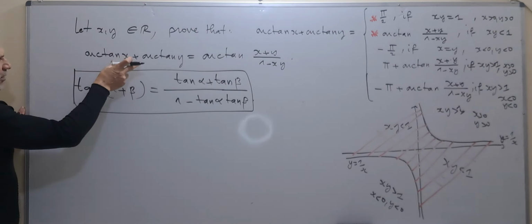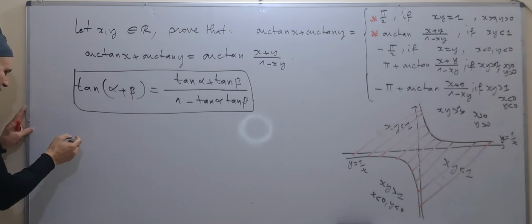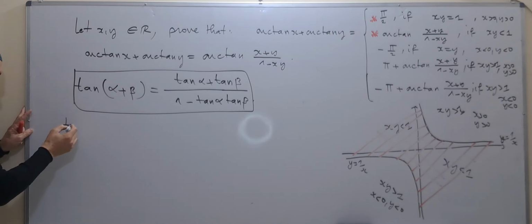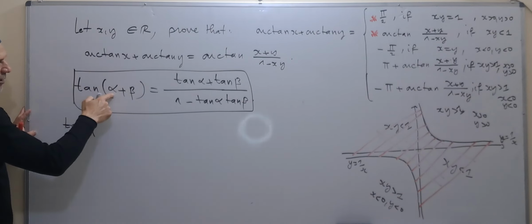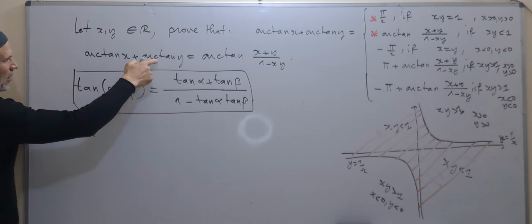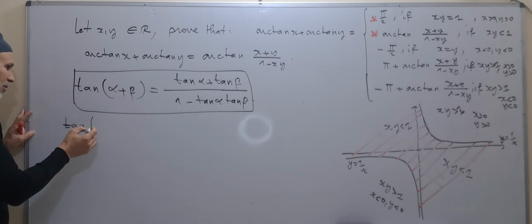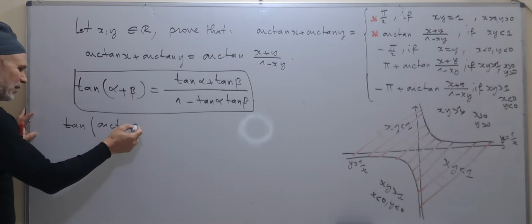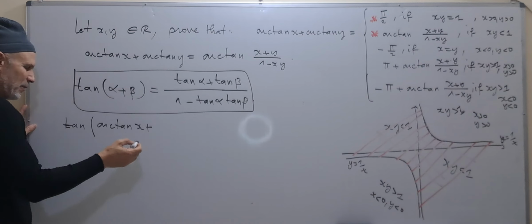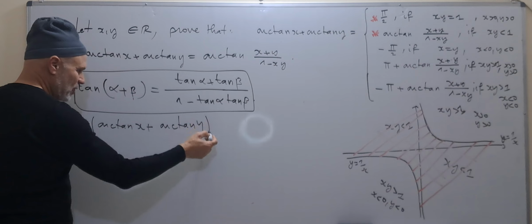If we apply tangent, we compose by tangent both sides of the equation. From this side we have tangent of arctangent x, which I call alpha, plus arctangent y, which I call beta.